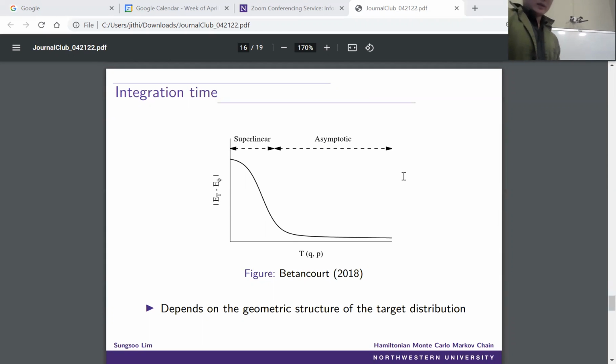At the beginning, the error decreases superlinearly as it makes better and better estimations. But after a certain amount of integration time, it might not be computationally efficient to keep going because the relative decrease in the error is small. And this integration time depends on the target distribution itself.